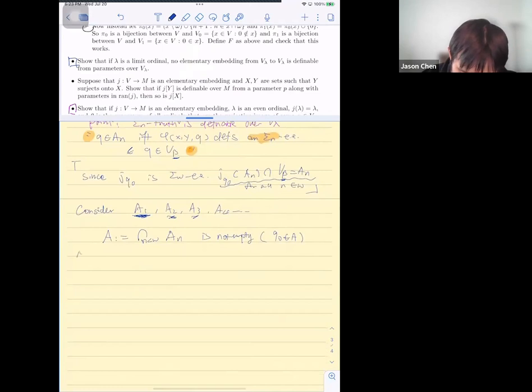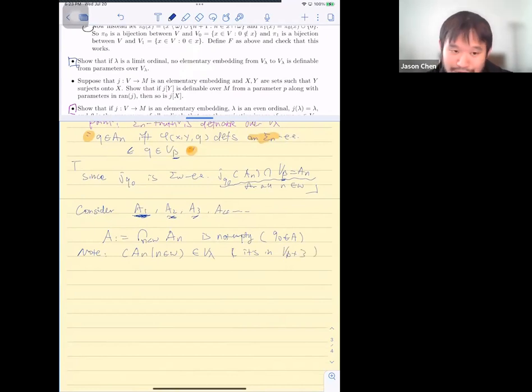So now also note that this sequence AN for n in omega is going to be in V lambda, since V lambda is a limit. It's in something like, I don't know, V beta plus 3, depending on how you code functions, because all these ANs are subsets of V beta.